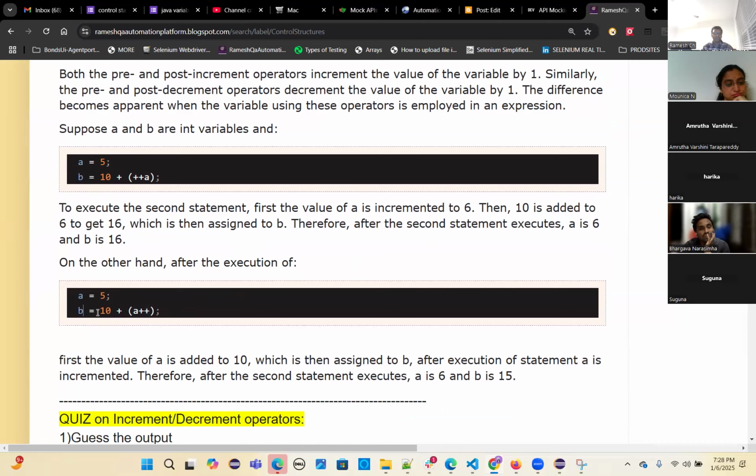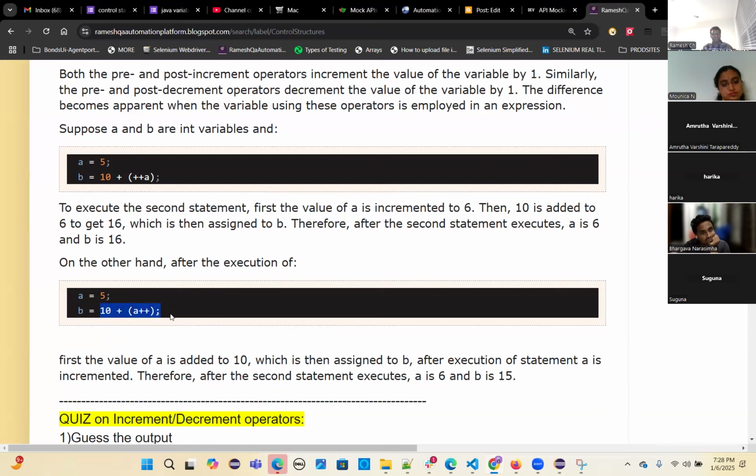Now observe the same here. a equal to 5, b equal to 10 plus a plus plus. The post-increment is not going to increment in the calculation. So the a value 5 participates, and b becomes 15. Then the a value increments by 1 after the calculation. The incremented value won't participate in the calculation.